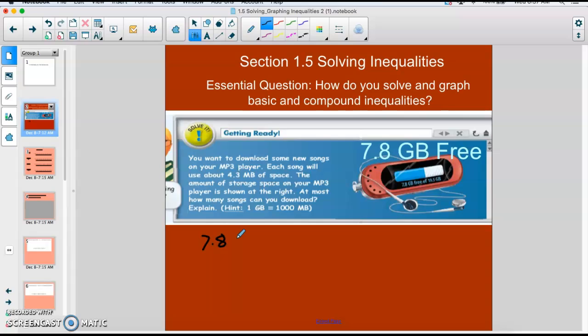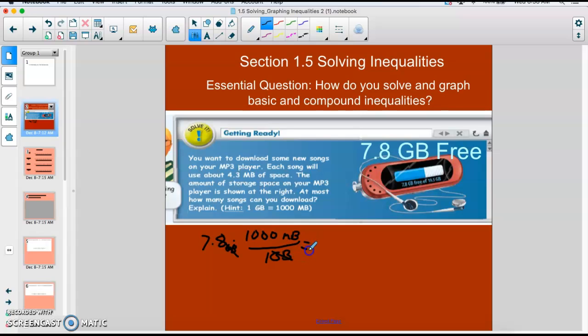If 1 gigabyte is 1,000 megabytes, then we can set it up: 1,000 megabytes compared to 1 gigabyte. And actually this should have a gigabyte on it too, because 7.8 gigs. The reason I drew the labels is because they can cancel out.